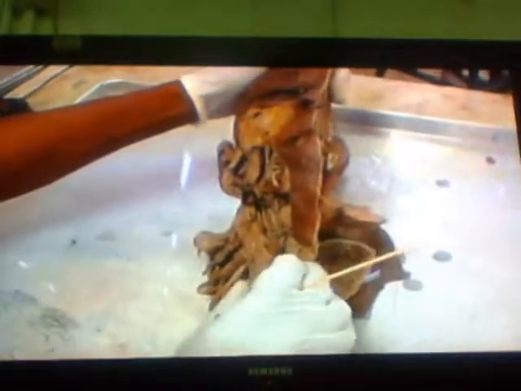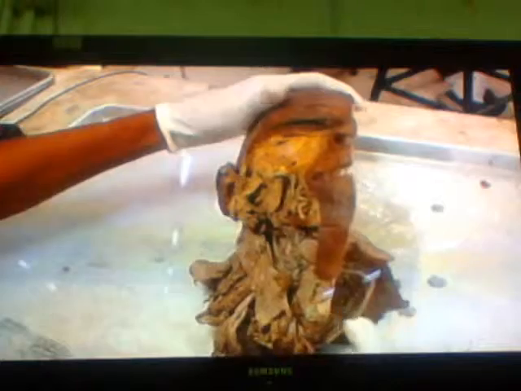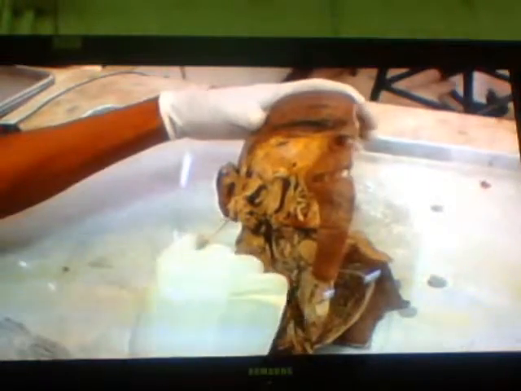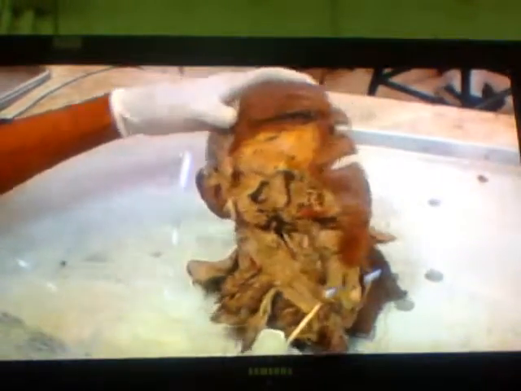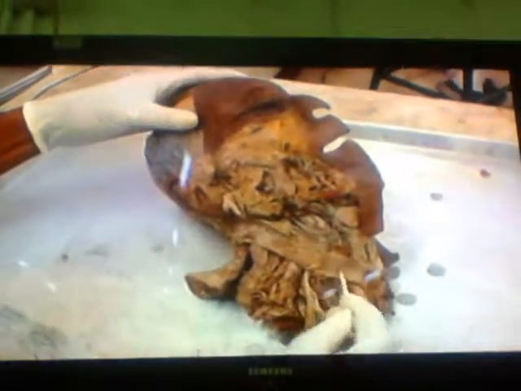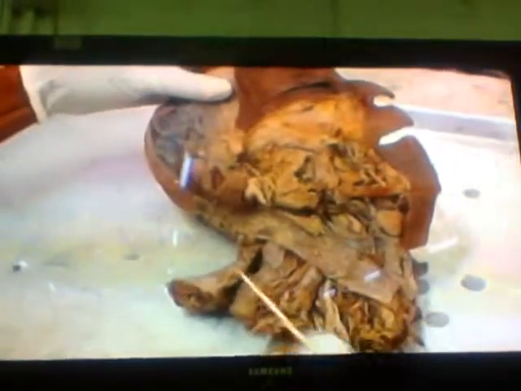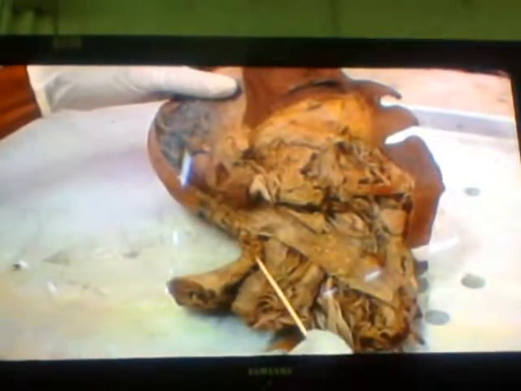So I have here the head of a right cadaver, and I have here the sternocleidomastoid passing down. So this is going to divide the neck into an anterior section, which will be the anterior triangle, and a posterior section, which is the posterior triangle.